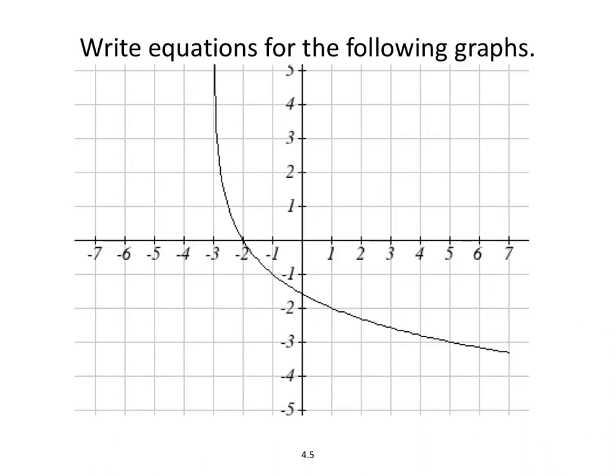All right, so now comes, for me, the best part of this section. How do we write an equation? Because it's a log graph equation, we don't have to think too hard about this, but I do see a vertical asymptote at x equals -3.